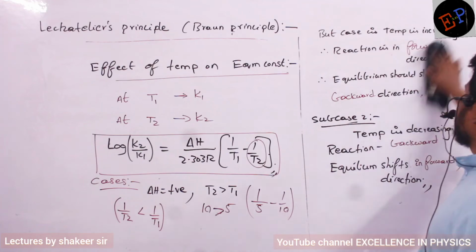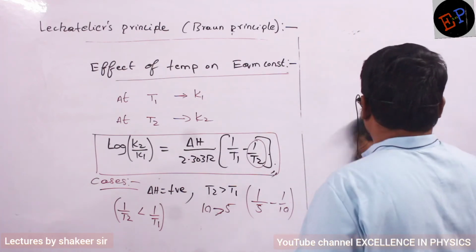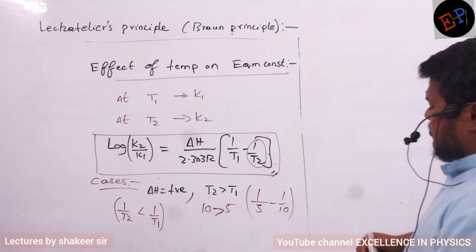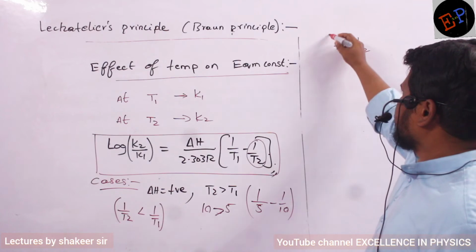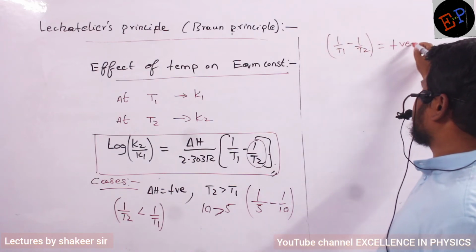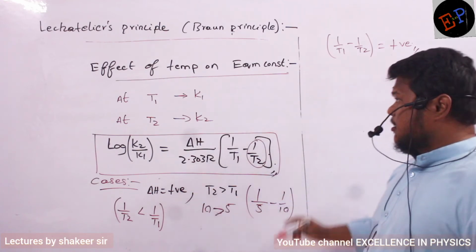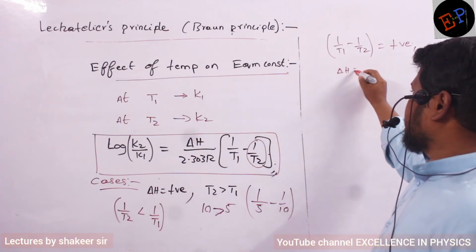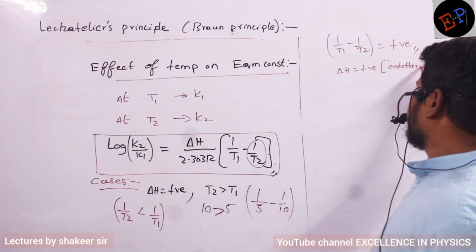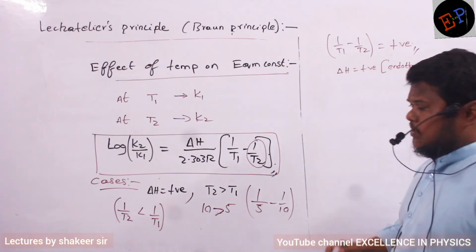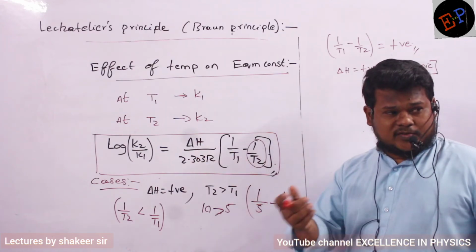Now, listen very carefully. 1 by T1 minus 1 by T2 is a positive value. And delta H is also taken positive. It means it is an endothermic reaction. So, delta H is positive, and 1 by T1 minus 1 by T2 is also positive.